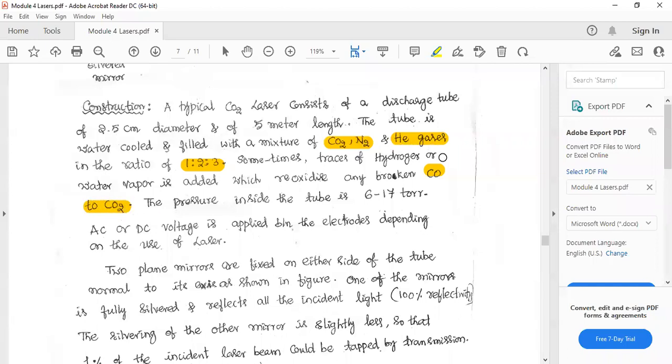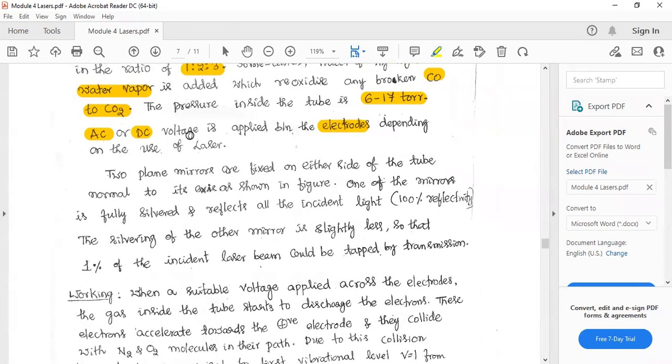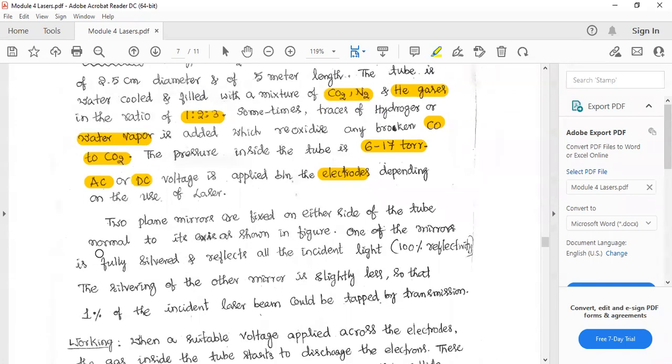Or simply, the hydrogen or water molecules added to this mixture help the carbon monoxide get converted into carbon dioxide. The pressure inside the tube is very high, 6 to 17 torr. Torr is the usual unit of measuring pressure, and the electrodes for electrical pumping are connected to AC or DC voltages. This is the actual construction of the carbon dioxide laser.